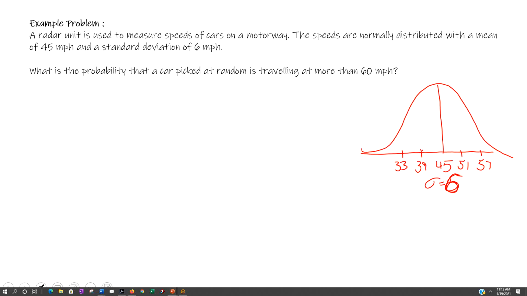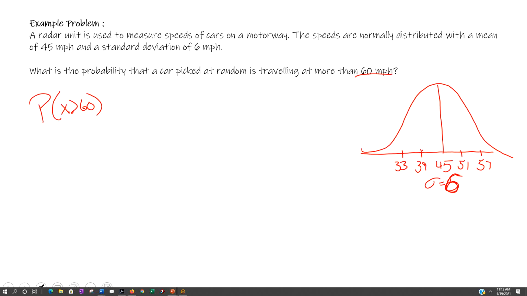What we're looking for is the randomly picked car going more than 60. So we're looking for a probability of our x being greater than 60. So again, our z-scores always represent the probabilities to the left of that score. When we're looking at greater than, we're looking for values to the right of our number.